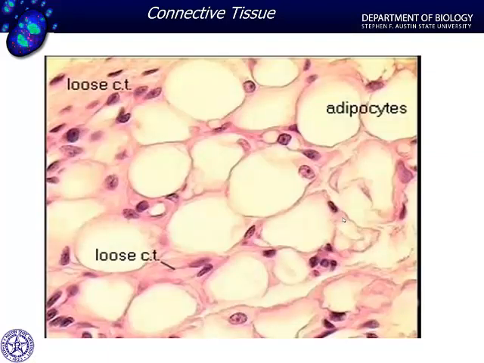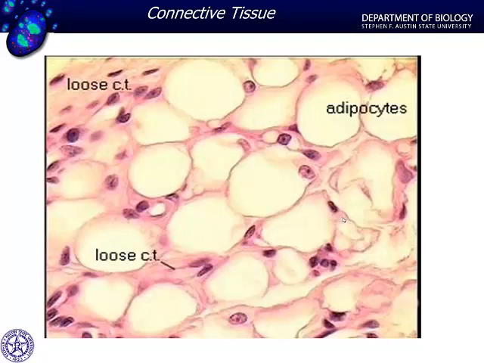This is just a look at a typical histological preparation, a light microscopy of fat cells. And we're going to have two different types of fat cells that we can identify. This is going to be the one that we're more familiar with in the human body, in the human adult. You're going to see mostly white space.